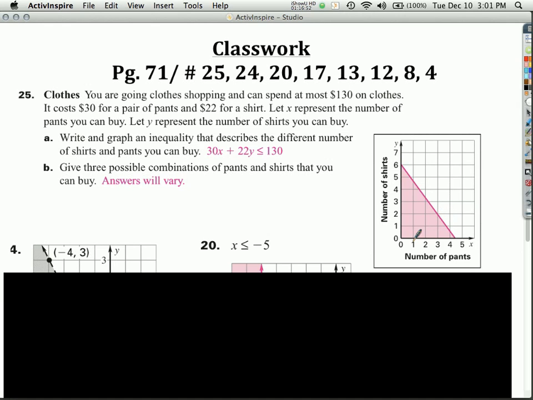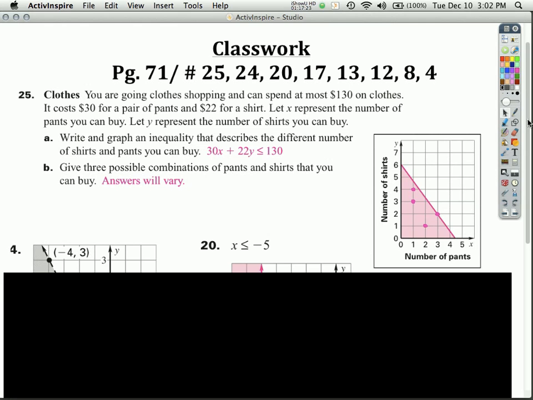For example, 1 pair of pants and 4 shirts is a combination. 2 pairs of pants and 1 shirt is a combination. 3 pairs of pants and 2 shirts is a combination. 1 pair of pants and 3 shirts is a combination. Any point within this region is a combination, which is also a solution to the inequality. So that was number 25.